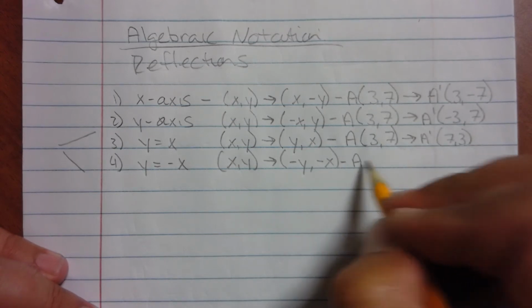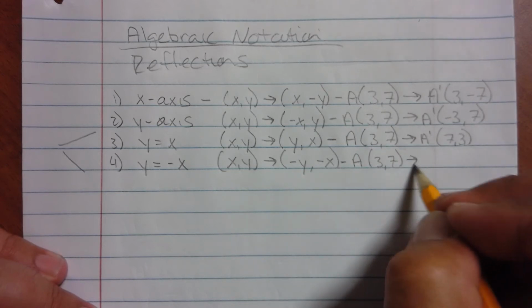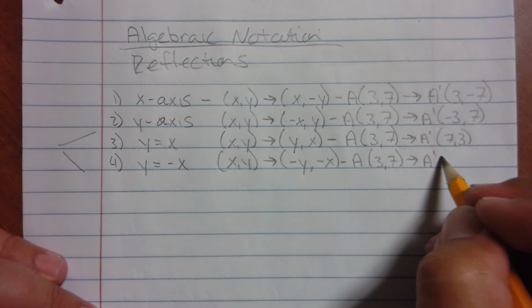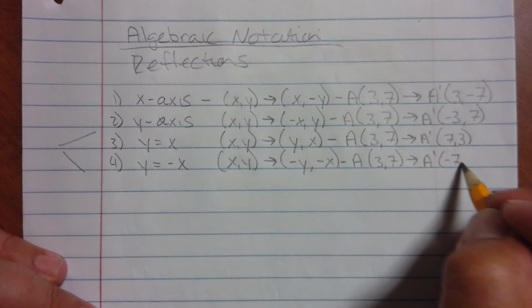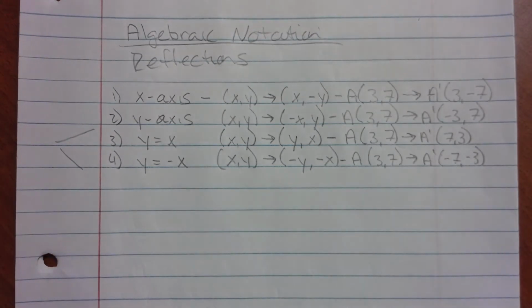And then y equals -x, you're going to change the order and the sign, so it's -7, -3. And that's it.